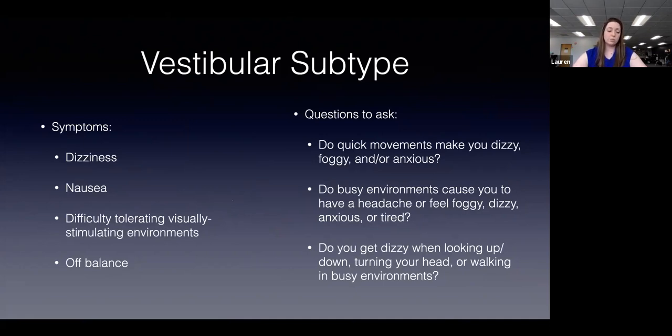Risk factors would be if they had history of getting car sick or motion sensitivity, history of migraines, and anxiety as well. On assessments, the symptoms will likely be provoked with VOR and visual motion sensitivity when you test the VOMs. With computerized neurocognitive testing, would likely show deficits in visual motor speed and reaction times.